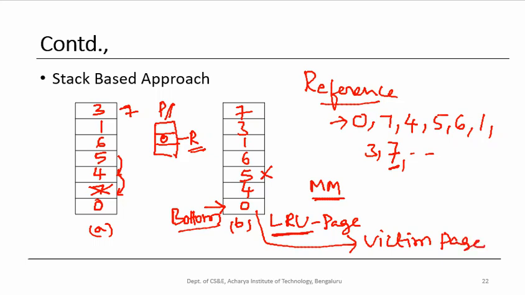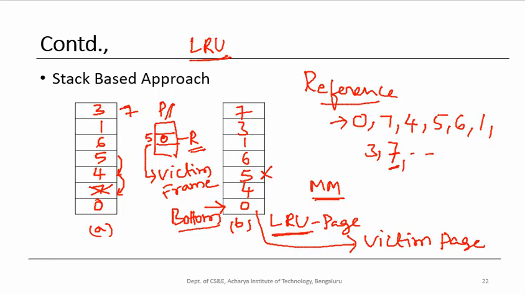And if it is saved in, let's say, frame number 5, this frame 5 can be called the victim frame. So this is how we can realize the least recently used algorithm with the help of a data structure called stack, but not the conventional stack data structure. I hope you understood.